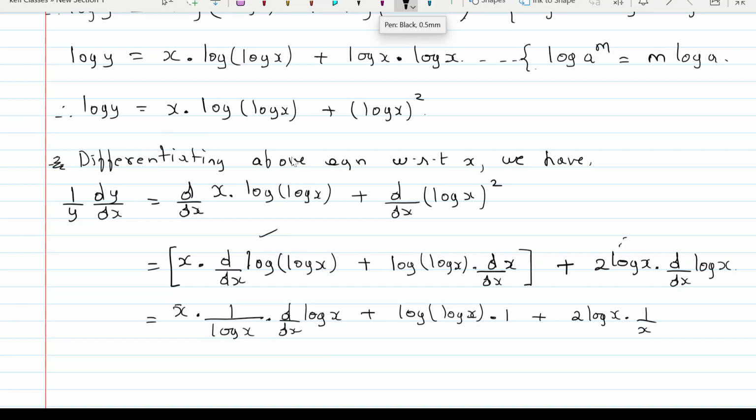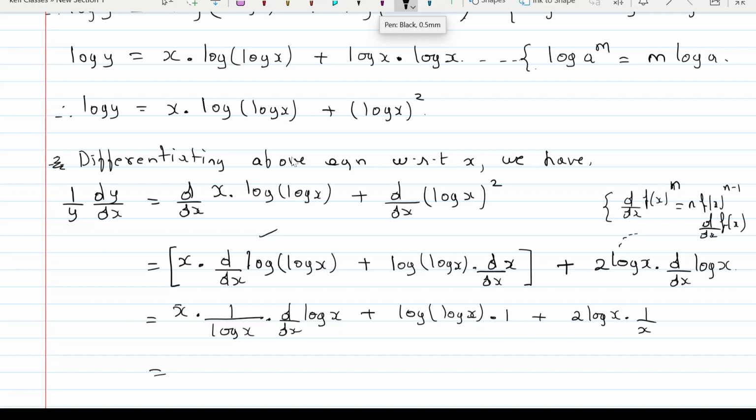Here at the top, we will write a reason, which is d by dx of f of x raised to n is equal to n f of x raised to n minus 1 into d by dx of f of x. Okay, up to here.